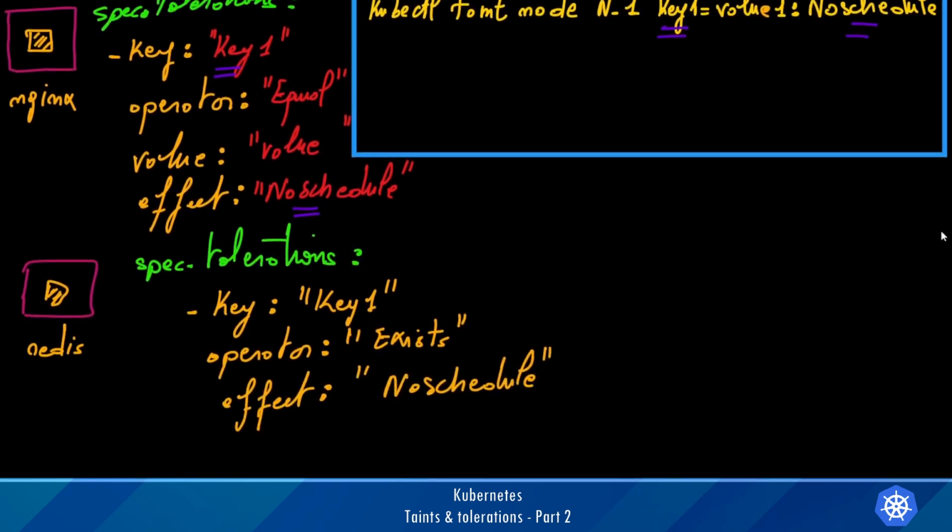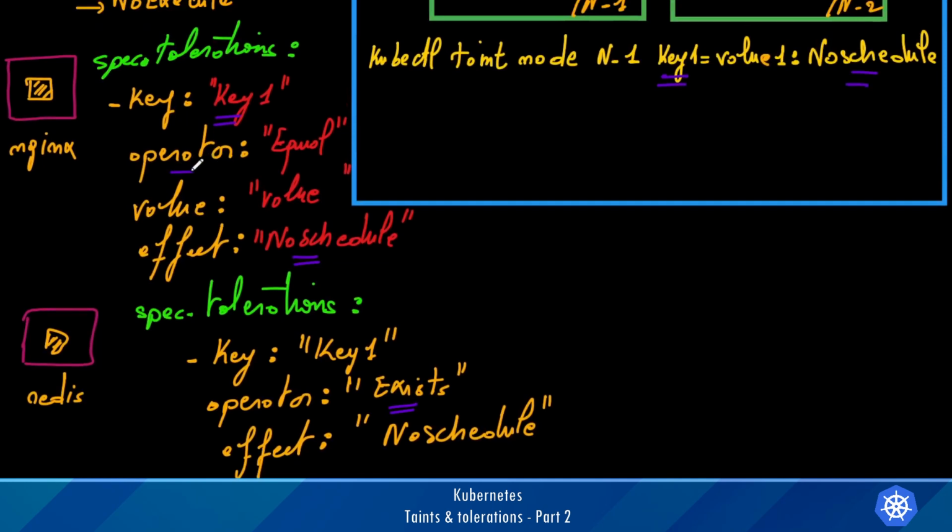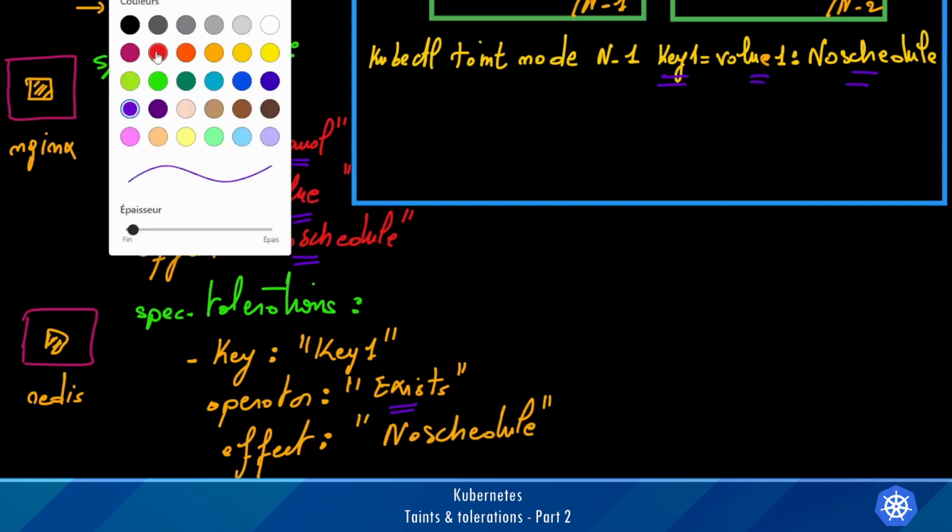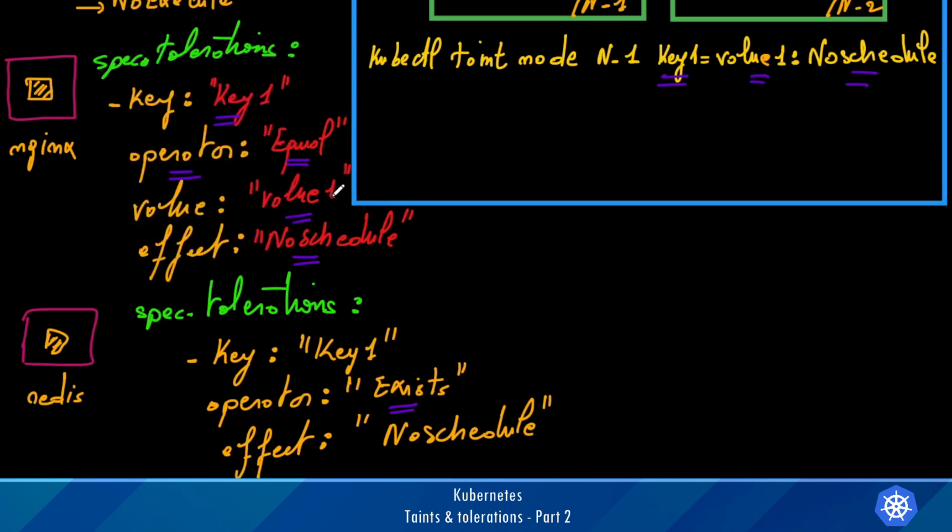And finally, if the operator is Exists, no value should be specified. And if the operator is Equal, the taint and the toleration should have the same value, so here we should have value1. So for the operator, if it is Exists, we don't have to mention the value, but if it is Equal, we have to mention a value in the toleration, and this value should be the same value used for the taint.